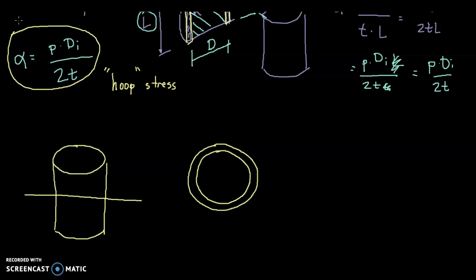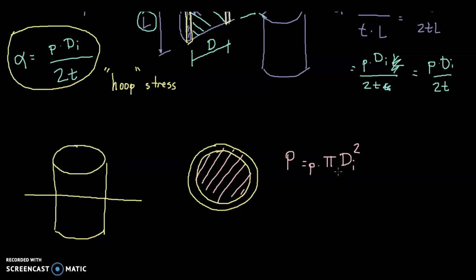And so this time, in this direction, our big P, the pressure pushing out, is acting on the area of the inside circle. So big P is equal to little p times the area of a circle, and we're talking about the inside diameter here.